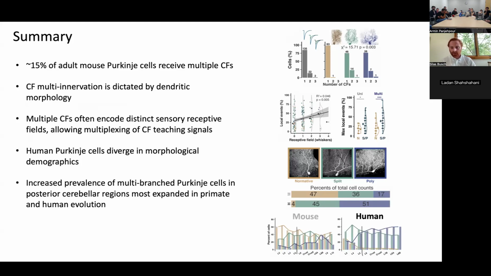And then there are even more of those particular cell types in the posterior regions of the cerebellum in the human and in the mouse. So I can stop here and take questions. I've got a little bit of new data that I could take you through quickly if you're interested. It's a closer anatomical dissection of the human and the mouse in comparison.